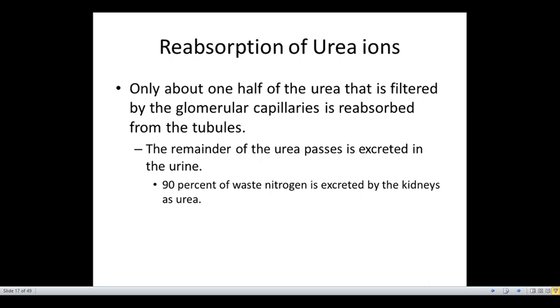Only about 1/2 of the urea that is filtered by the glomerular capillaries is reabsorbed from the tubules. The remainder of the urea is excreted in the urine, and 90% of waste nitrogen is excreted by the kidneys as urea.